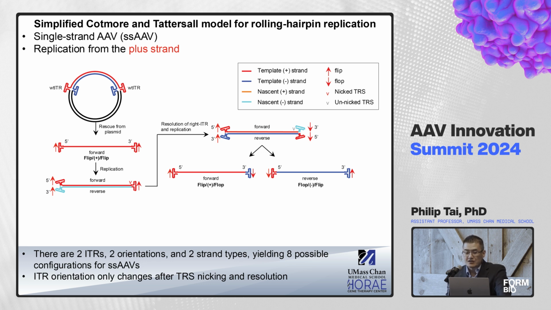So these configurations then turn to flop, and you get fill-in of the top strand of the ITR, so you have two flop orientations and two flip orientations, to yield a flip plus flop molecule and a flop minus flip molecule.